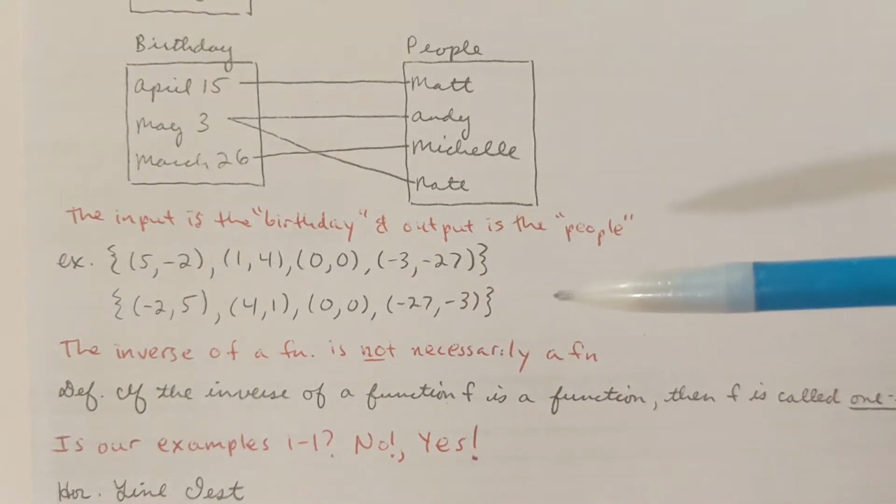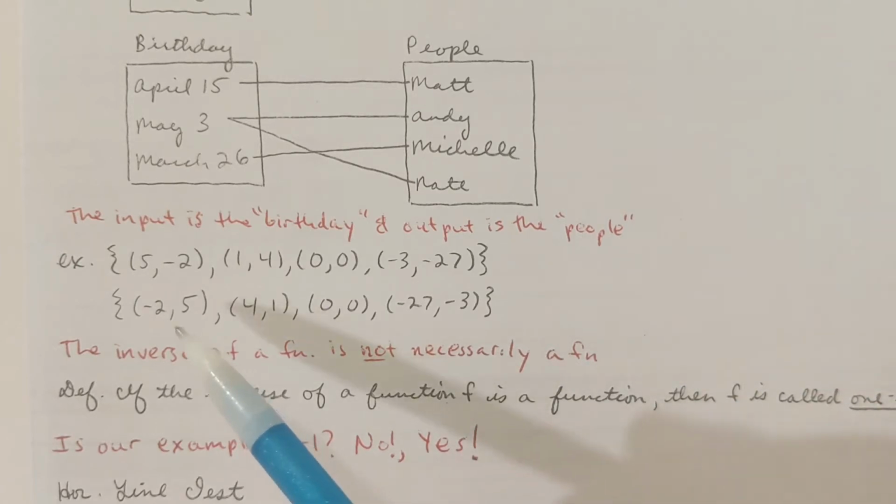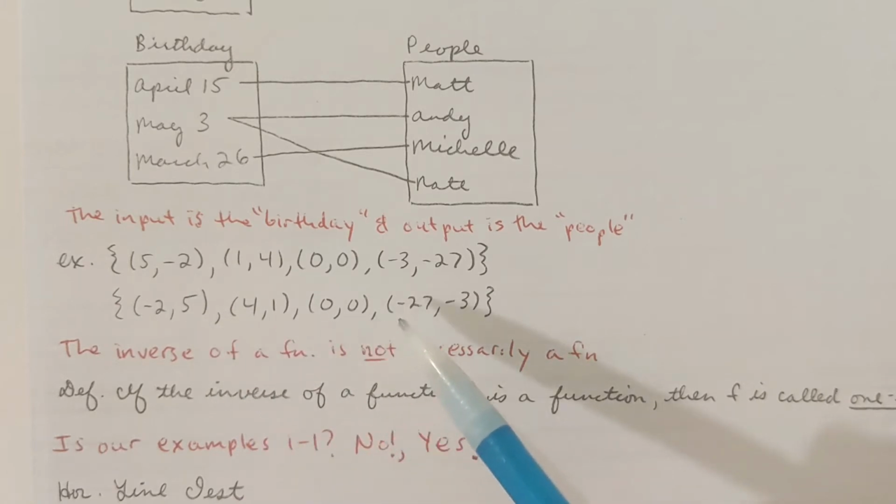For another example, suppose that I got a set of points: (5, -2), (1, 4), (0, 0), and (-3, -27). Well, the x values are going to be the y values, and the y values are going to be the x values. So the inverse here is (-2, 5), (4, 1), (0, 0), and (-27, -3).